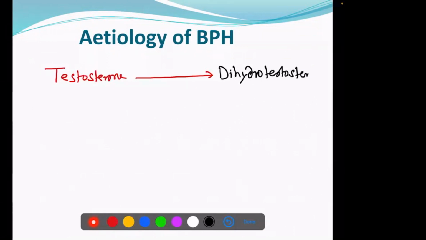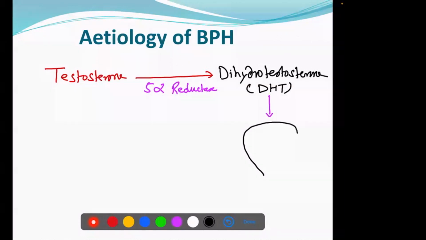Testosterone is converted into dihydrotestosterone, DHT, by the enzyme known as 5-alpha reductase. This occurs at the peripheral tissue, that is, at the prostate. This dihydrotestosterone provides the influence for the growth of the prostate.